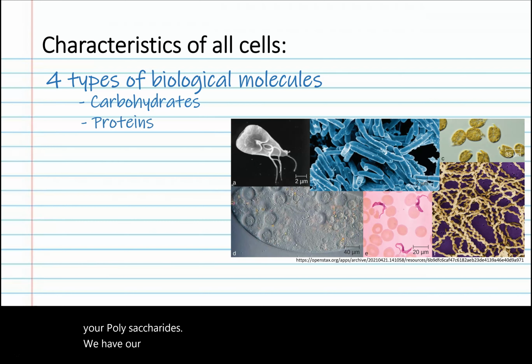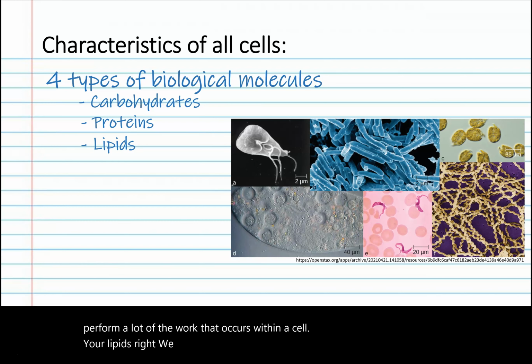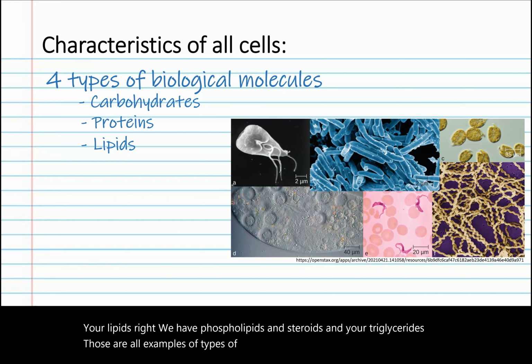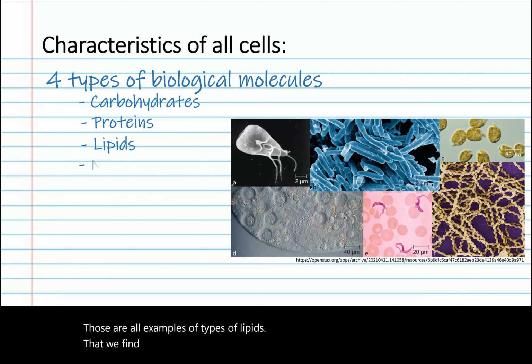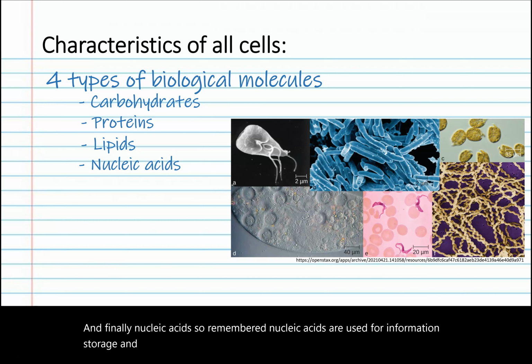Remember, proteins are built from amino acids and they perform a lot of the work that occurs within a cell. Your lipids, right? We have phospholipids and steroids and your triglycerides. Those are all examples of types of lipids that we find in cells. And finally, nucleic acids. So remember, nucleic acids are used for information storage and information transfer inside cells.